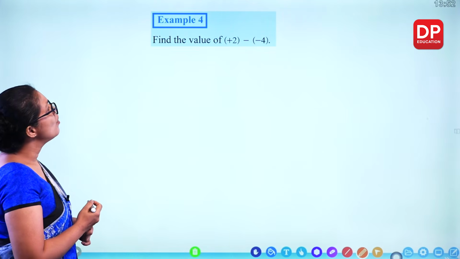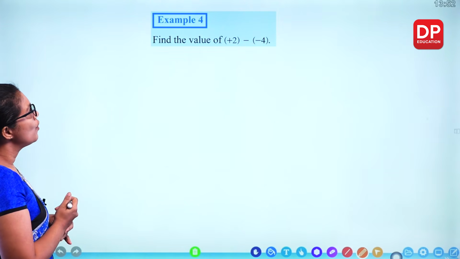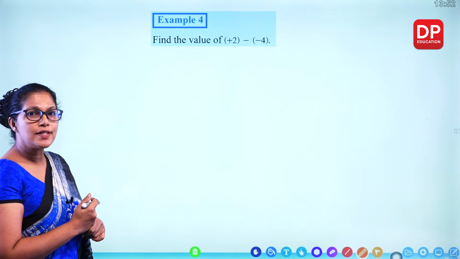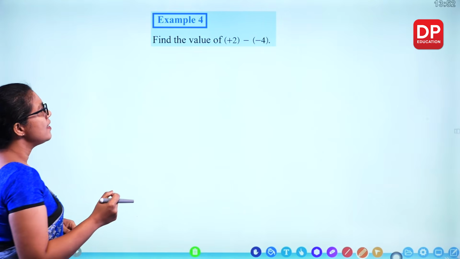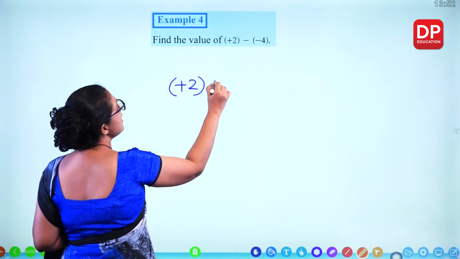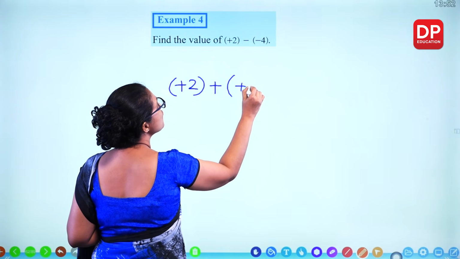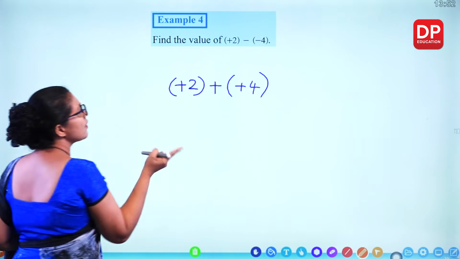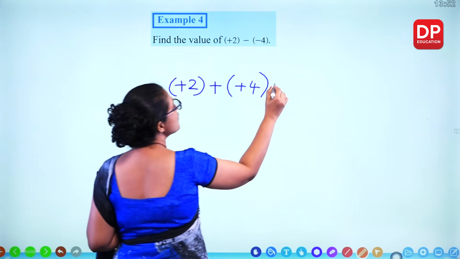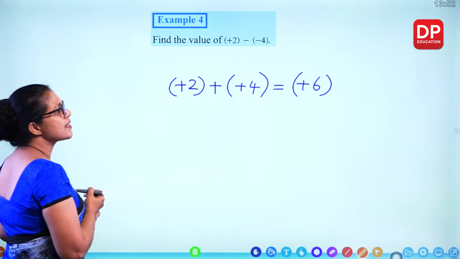Example number 4, find the value of plus 2 minus 4. So we can use addition of additive inverse. I can change the question to adding the additive inverse of minus 4, that's plus 4. Now both positive, 4 plus 2 addition is plus 6.